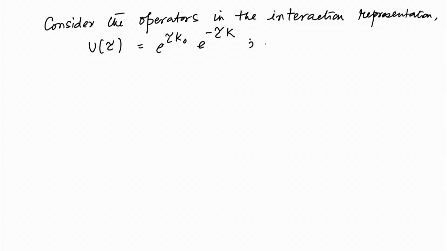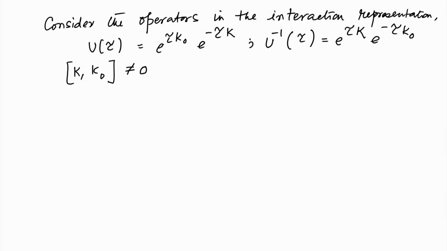Similarly, we would have U inverse of tau, which is equal to exponential tau K, exponential minus tau K 0. Needless to say, K and K 0 do not commute.